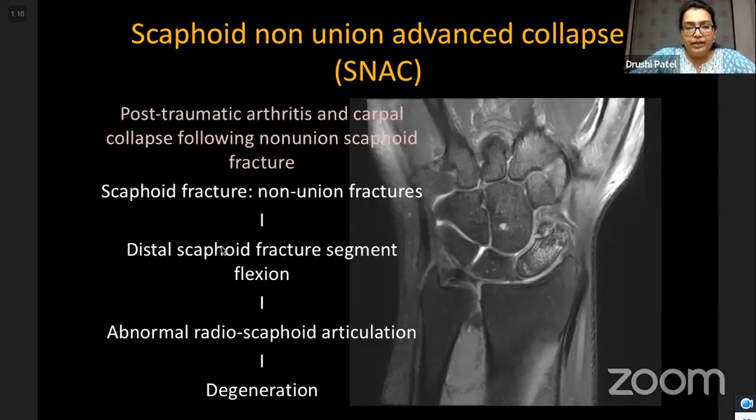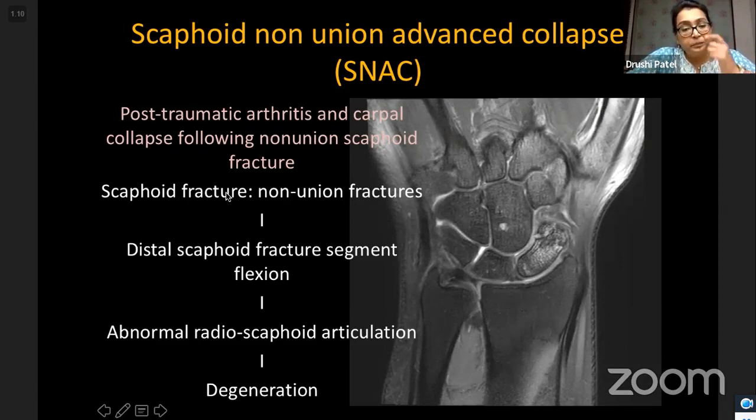Now there is another entity that is known as SNAC wrist, that is scaphoid non-union advanced collapse. Here the cause is not the ligamentous injury, but a scaphoid fracture. So a non-united scaphoid fracture, and later on, because of the change in the dorsal tilt of the lunate and the scaphoid going into a volar tilt, there are changes. Sorry, I got a little confused.